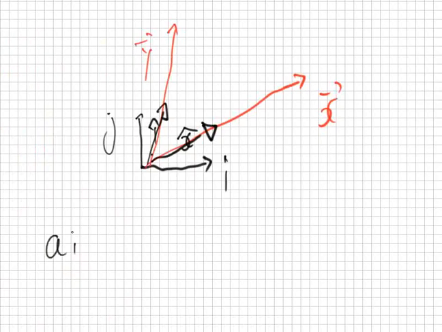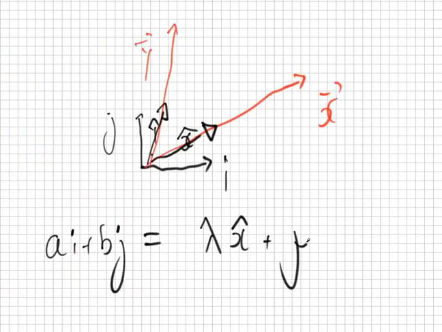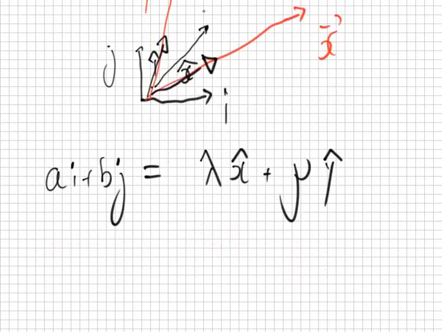So if you had aI plus bJ, you could rewrite that as, let's say, lambda x hat plus mu y hat. So like for example, you can see that this vector here would be roughly 1x plus 1y. So I'm just saying sometimes it's convenient to change what we say, change the base.